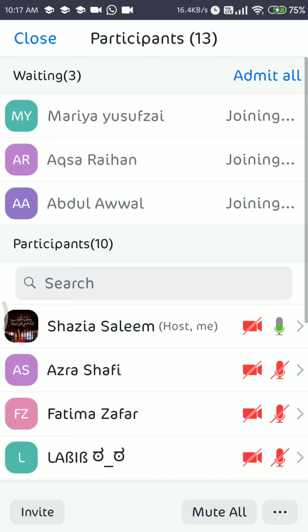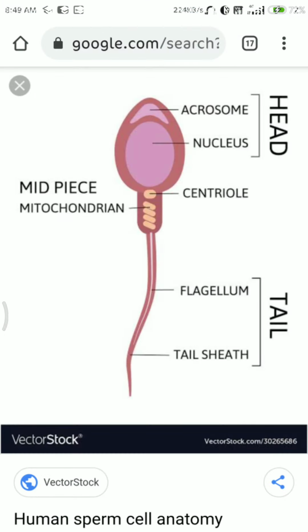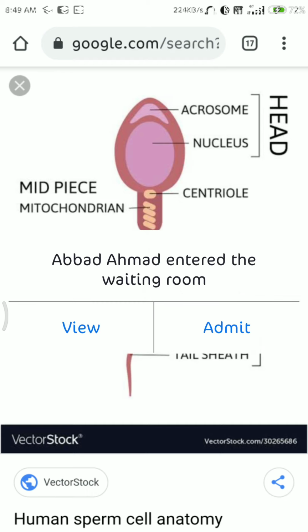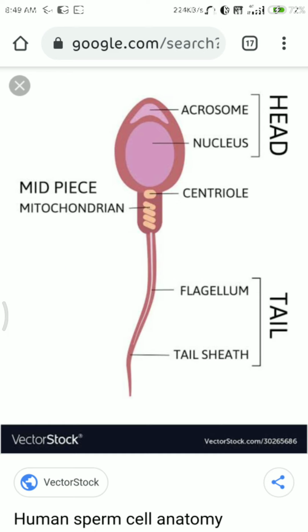The head part has the nucleus. Here you can see the big pink nucleus, and the tip of it is the acrosome. The most important part in the head is the nucleus, with the acrosome at its tip.